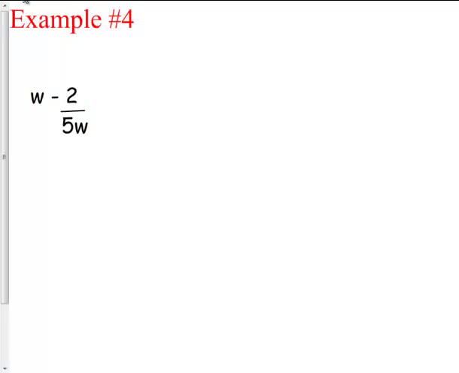Okay, so last example. Last example is pretty easy. I want to take w minus 2 over 5w from it. So I need, again, a common denominator. And I know you love to do this. You love to put it over 1.